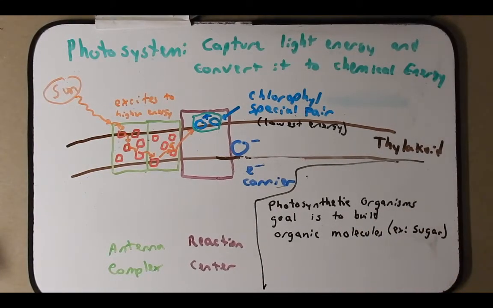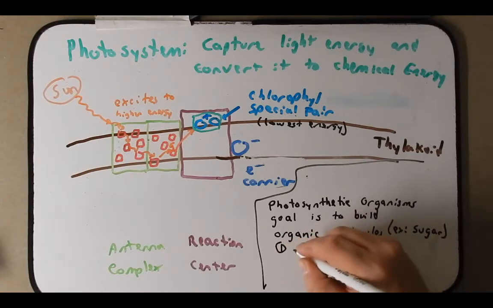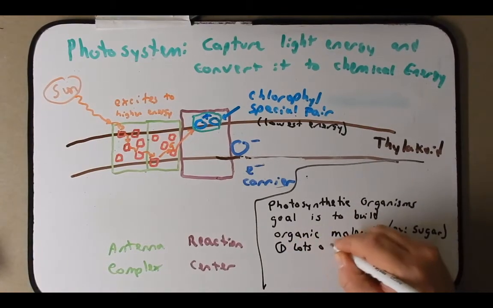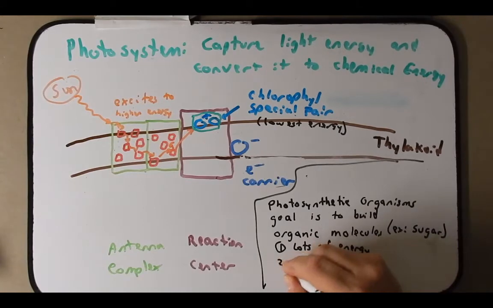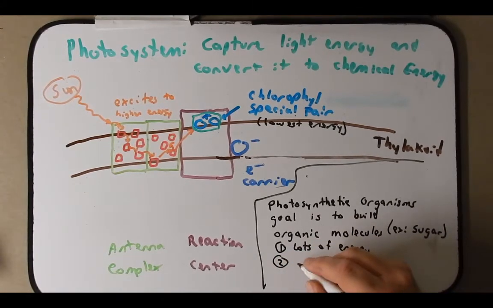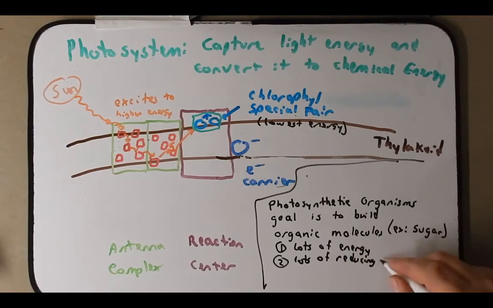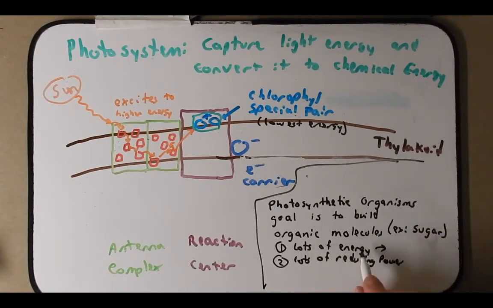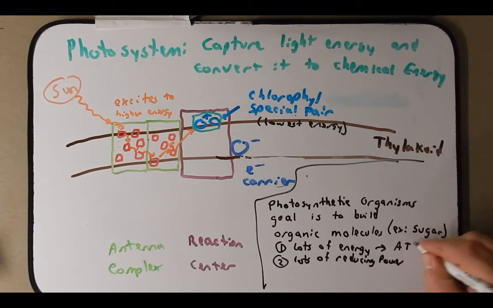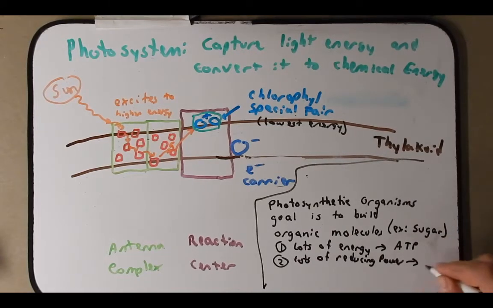To accomplish this, the plants are going to need lots of energy, and they're going to need lots of reducing power. They get this energy in the form of ATP that they're going to have to generate, and the reducing power they get in the form of NADPH.